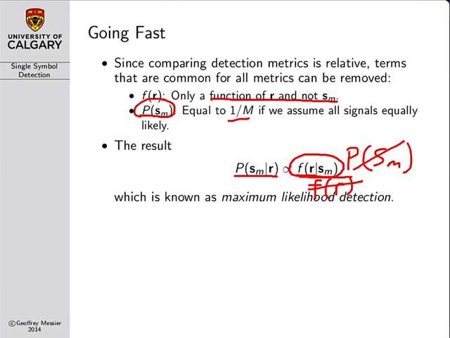When we do this, it's something that's known as maximum likelihood detection. And so we ignore those other terms, we maximize our likelihood function, and that ends up being the transmitted signal vector choice that minimizes our overall probability of error.